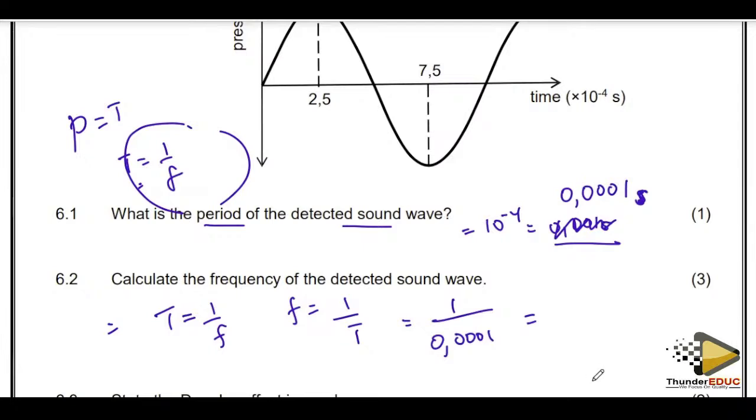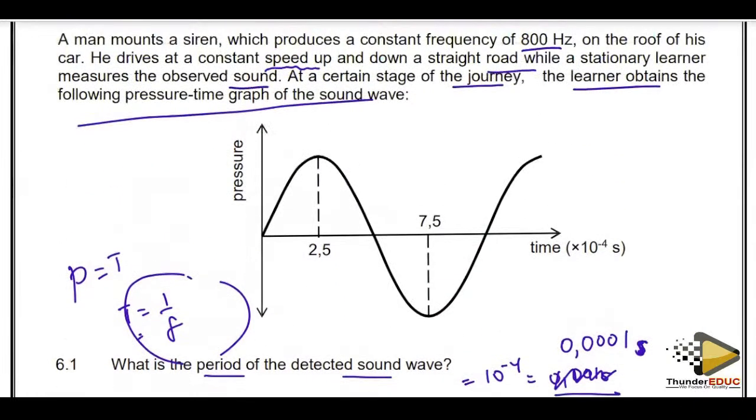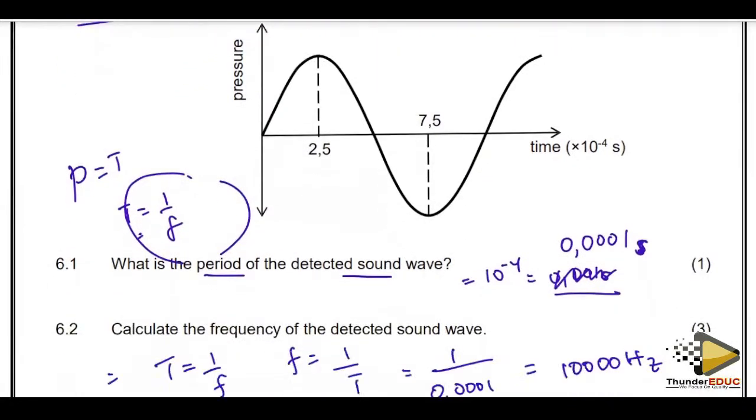So 1 divided by my answer, I'm getting 10,000 hertz. So 10,000 hertz will be my observed frequency.